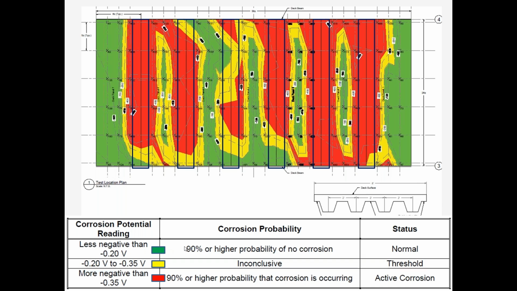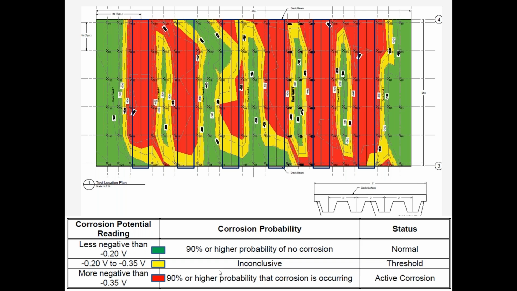It's not very negatively charged. That's a 90% or higher probability of no active corrosion at the time. Minus 200 to minus 350 millivolts is in that range of something might be going on, but we're not sure. If it's more negative than 350 millivolts, the test method says there's a 90% or higher probability of corrosion at the time.